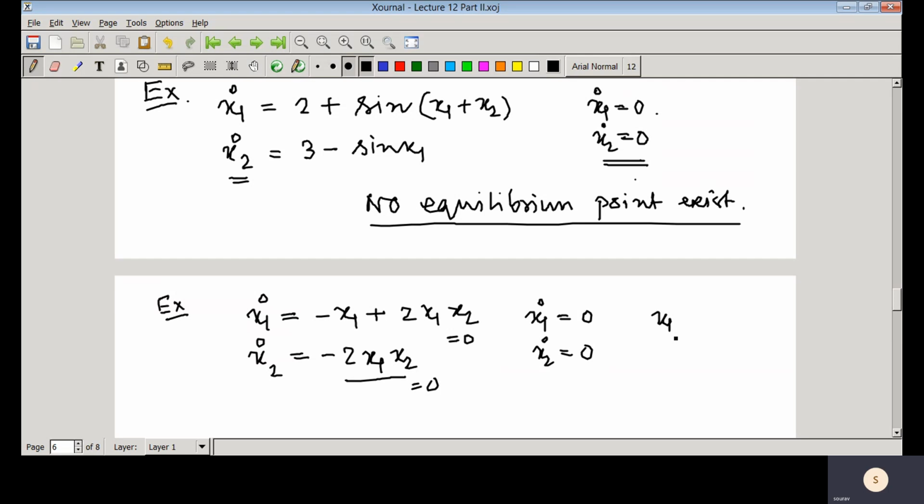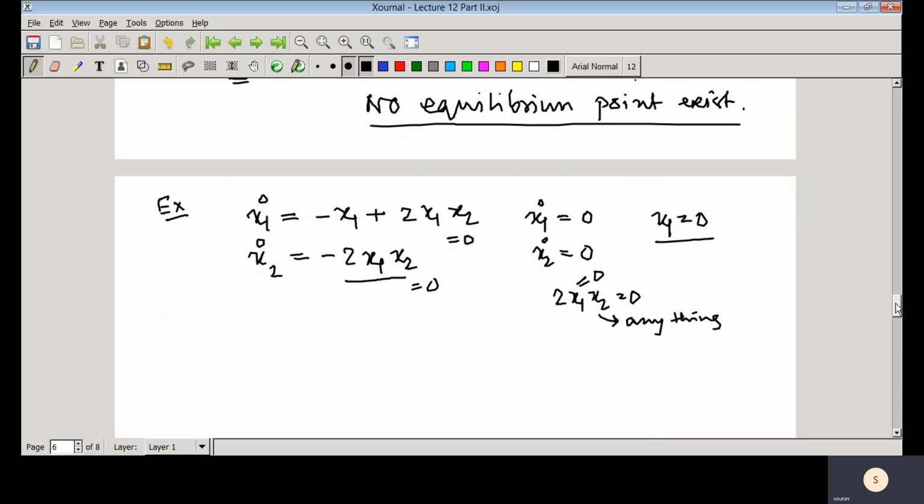So that means x1 equal to 0. And when x1 equal to 0, x1x2 is equal to 0, and so x2 would be anything. So x1 equal to 0 and x2 is anything.